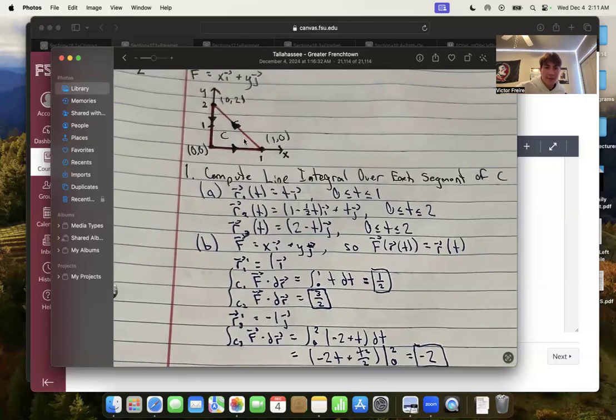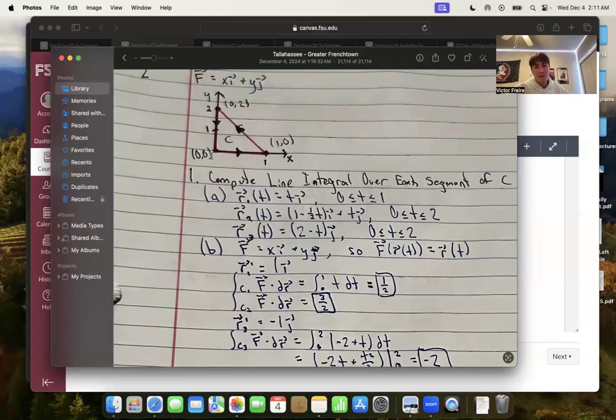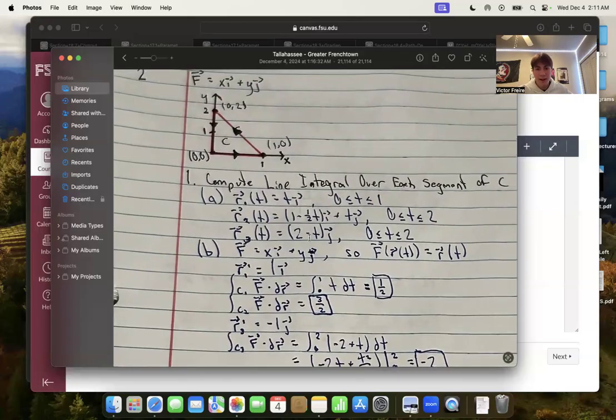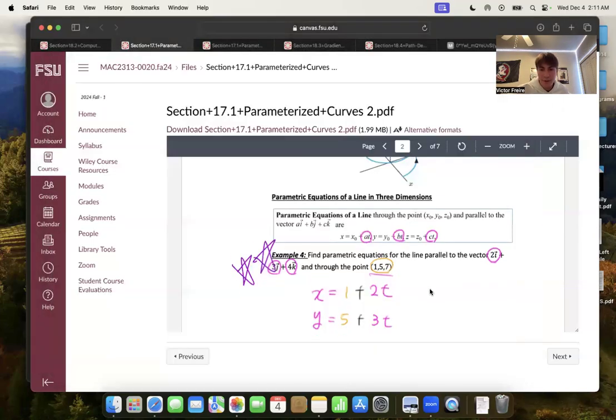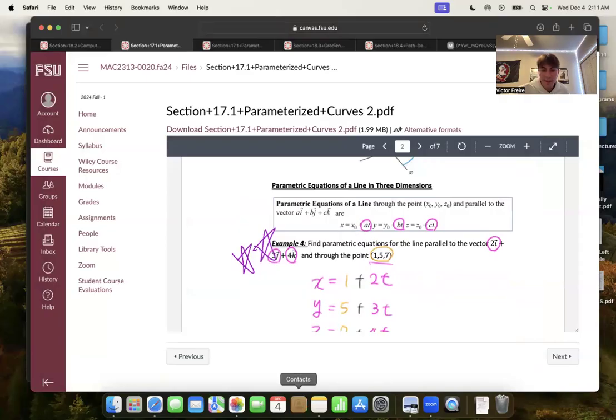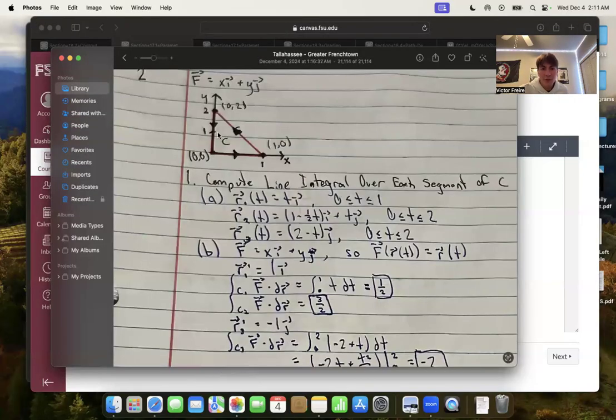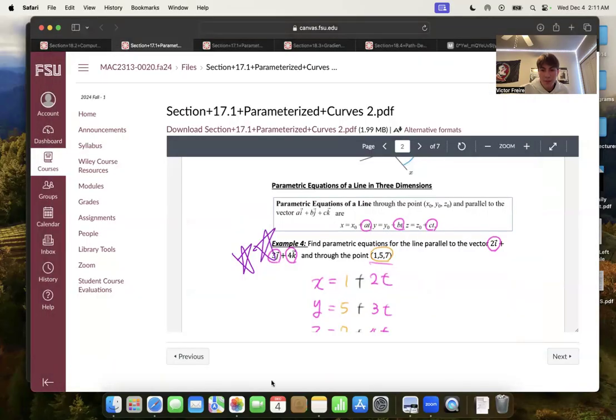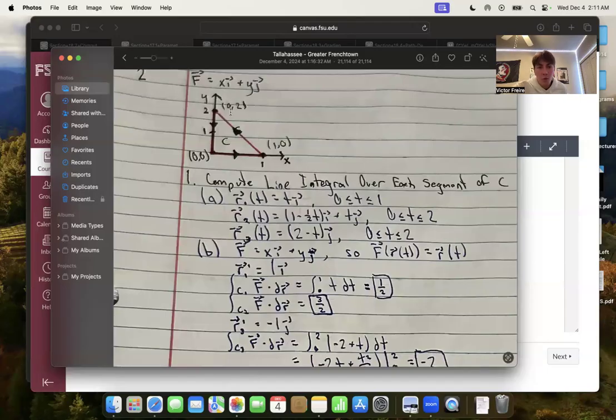Now for the third line segment, from (0, 2) to (0, 0), I did (2 minus t)j. This is because, once again, we have no x component, because it's only moving vertically. The y component is y naught plus bt. Well, y naught is 2, and for b, I chose negative t, because it's moving down.